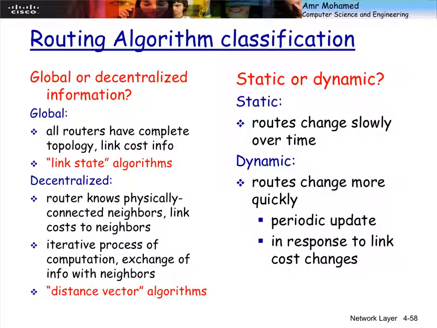Waiting until each router in the network has a global view of the entire network requires a significant amount of time, because the states have to propagate. In link state, they use flooding. So the state of one link will be flooded to the entire network. Until you get a unified picture at every single router, that requires a significant amount of time. So in that case, decentralized is more efficient.